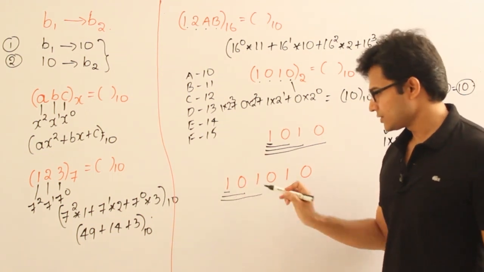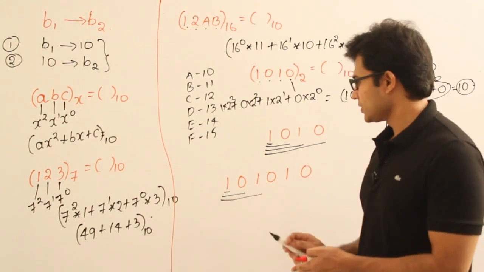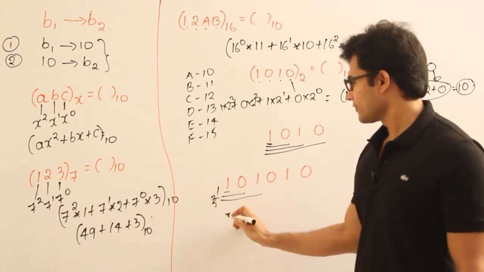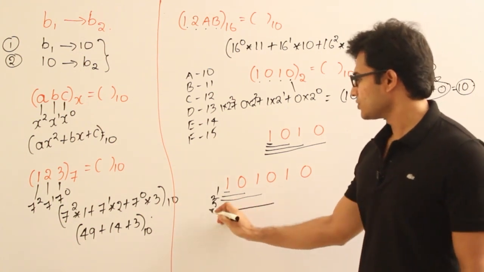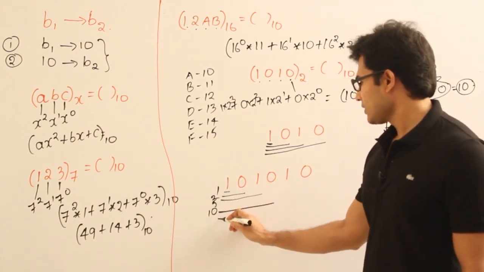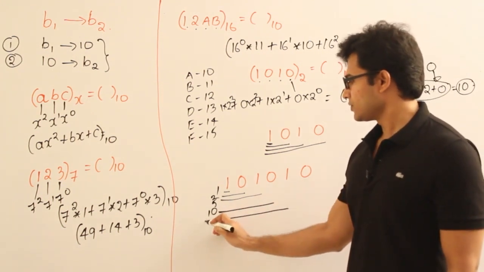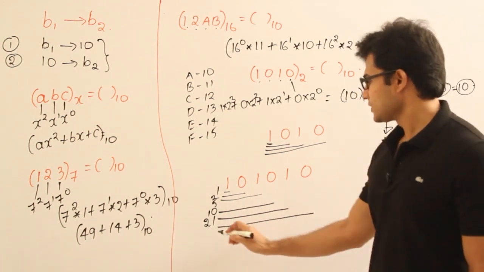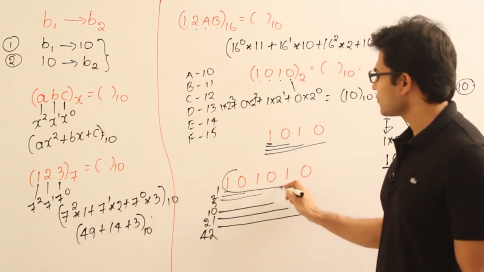Initially it was 1, next it became 2, and next it became 5, right? And now this one, 5 into 2 plus 0, which is 10, and again I have appended 1, which means 10 into 2 plus 1, which is 21, and then again I have appended 0, which means 2 into 21, which is 42. Therefore the value of this one is 42.